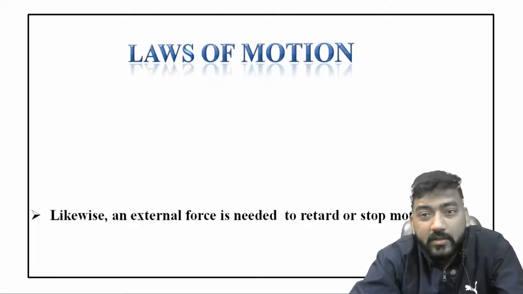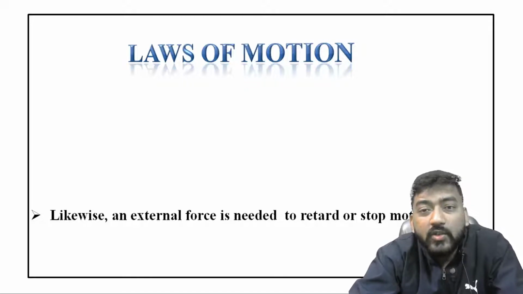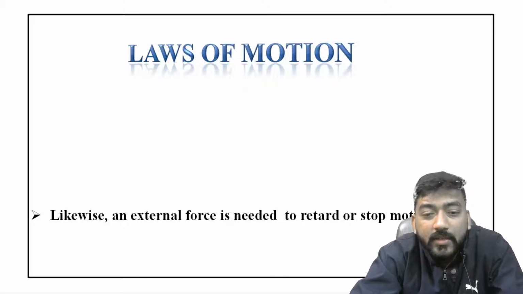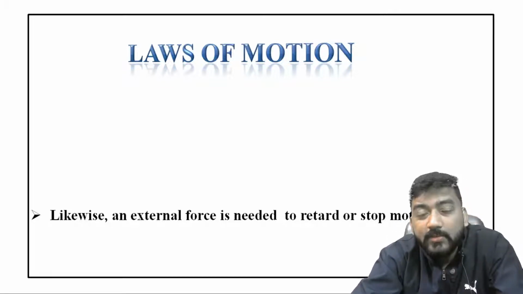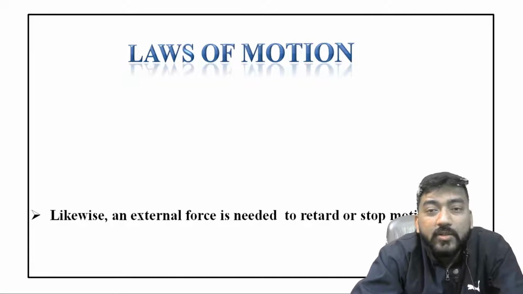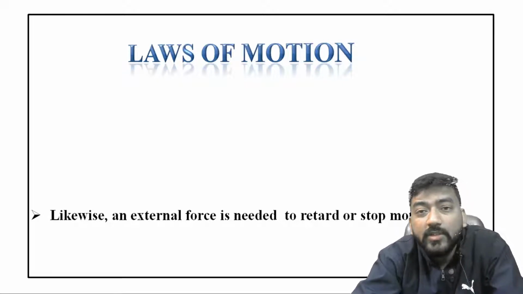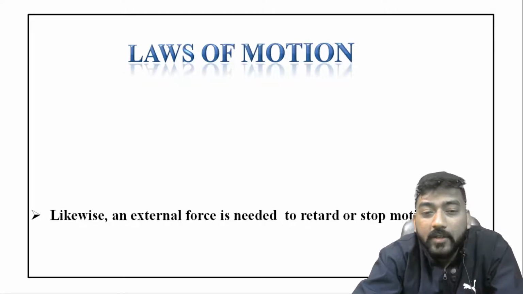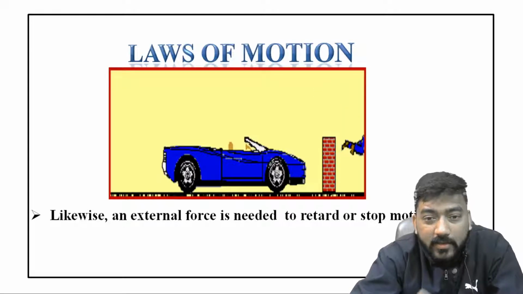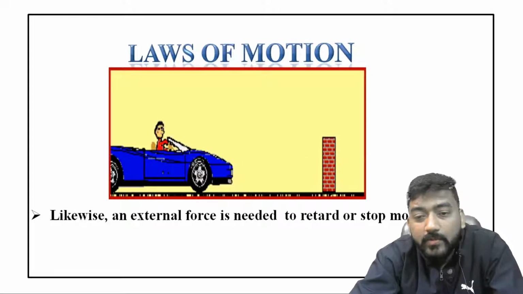But sometimes you have to give an external force to retard or to stop the object. If the object is in motion and you want to stop it, you have to give an external force also. Like this, the car will be stopped.